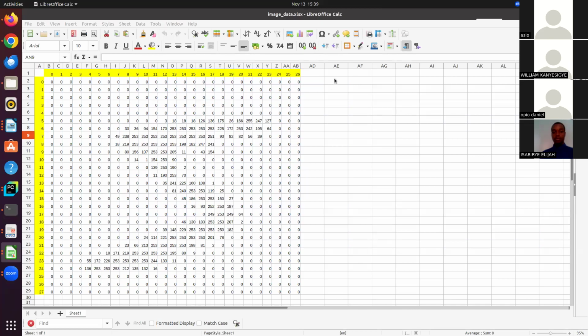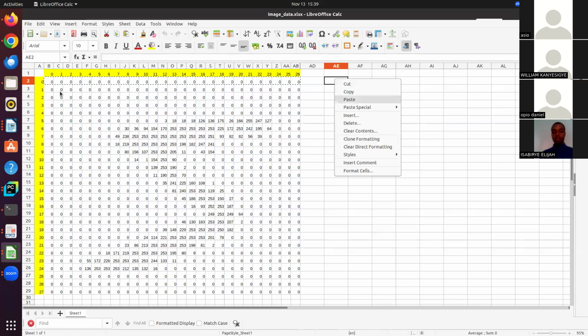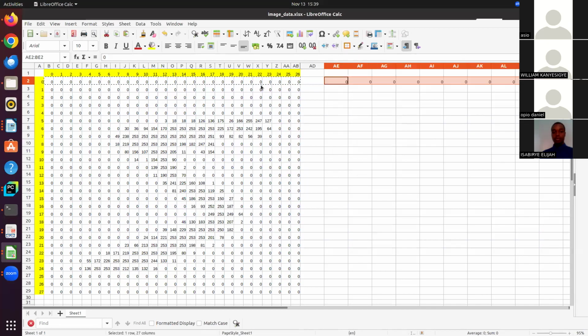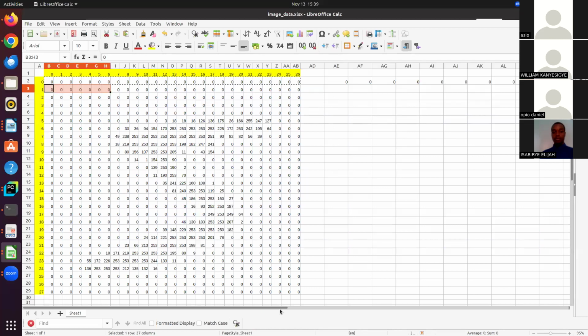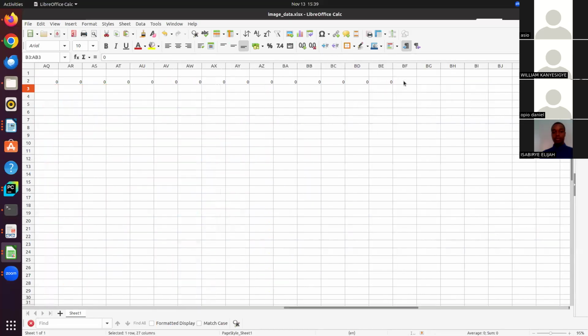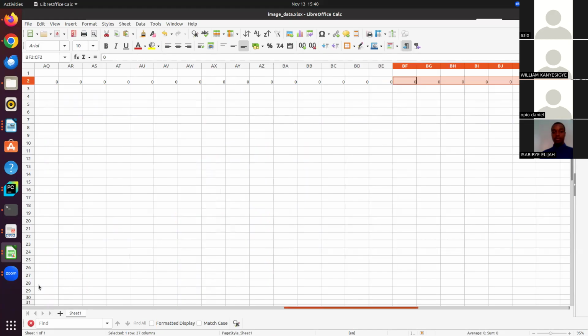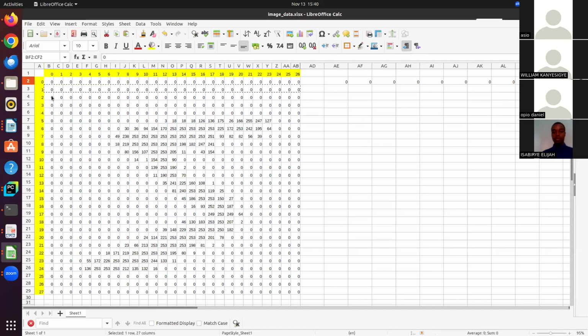You put it here. You take the second row, add it next to it, as a continuation. Okay, you take the third one and you continue that way.